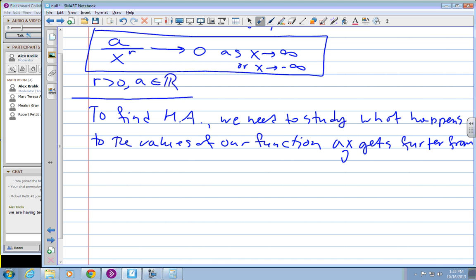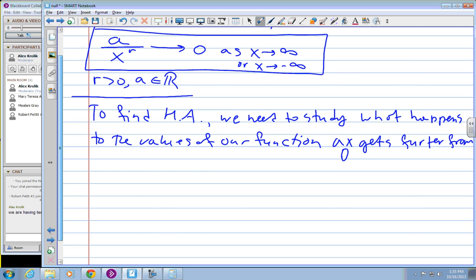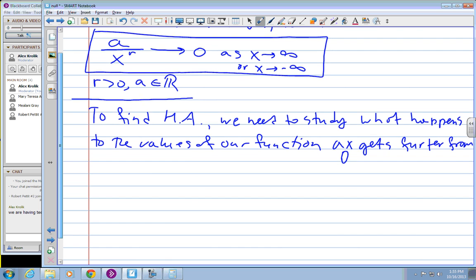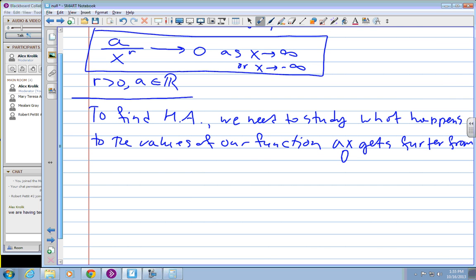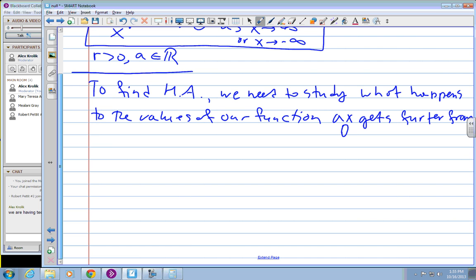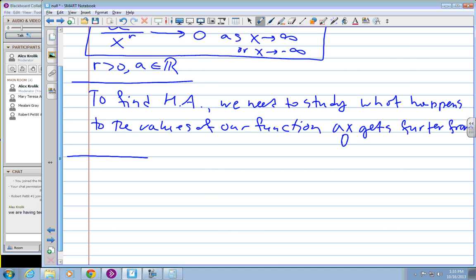So meaning infinity or negative infinity. I wanted to say as x, I wrote ax. As x gets further from 0.